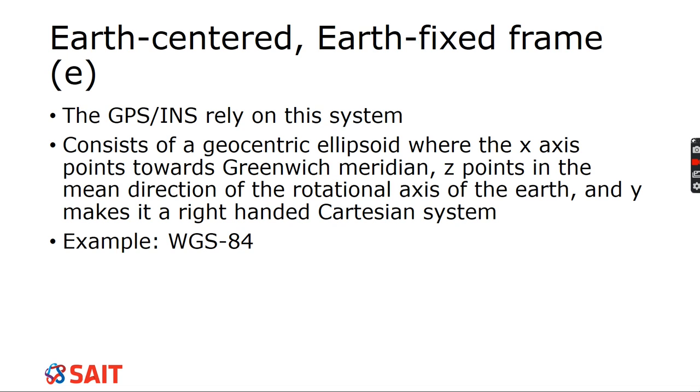The x-axis is the Greenwich meridian, the z points in the mean direction of the rotational axis, and y makes it a right-handed system. So the sensor frame is not directly related to the Earth frame. They are separate, and they have no connection other than the sensor to the point, and this Earth-Centered Earth-Fixed frame is related to the GPS and INS.